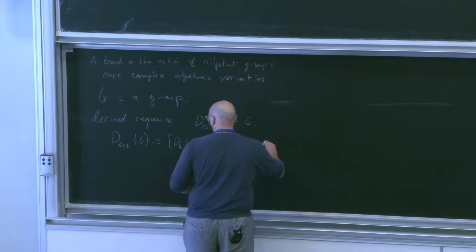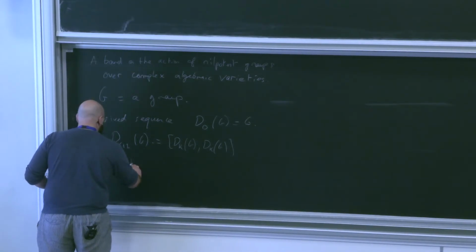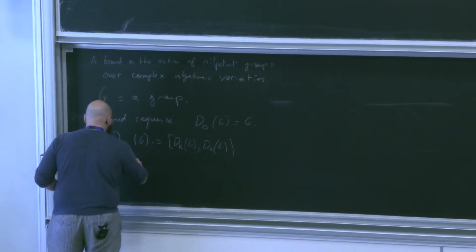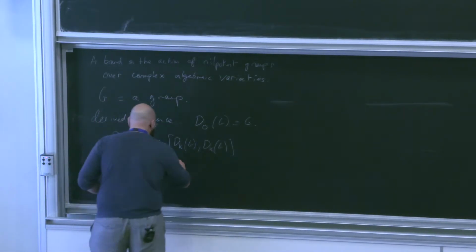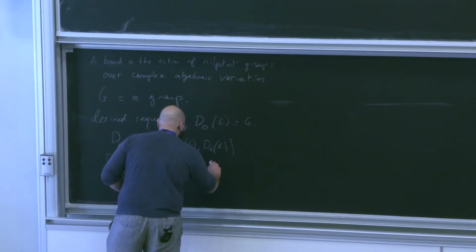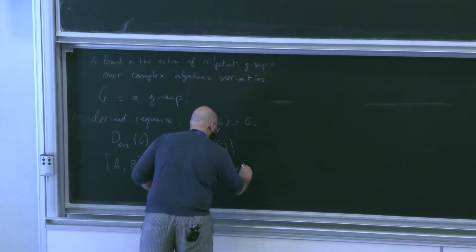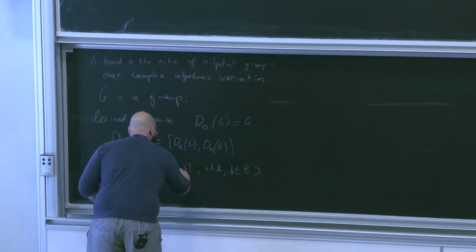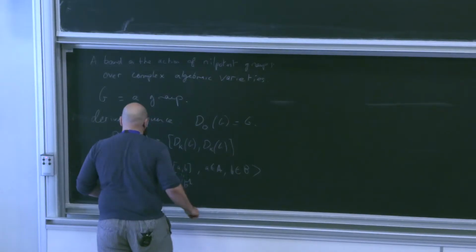So if you have two subgroups A and B, this is the group generated by commutators from elements of A and elements of B. Okay, and this is my notation for the commutator. Brackets. Okay.